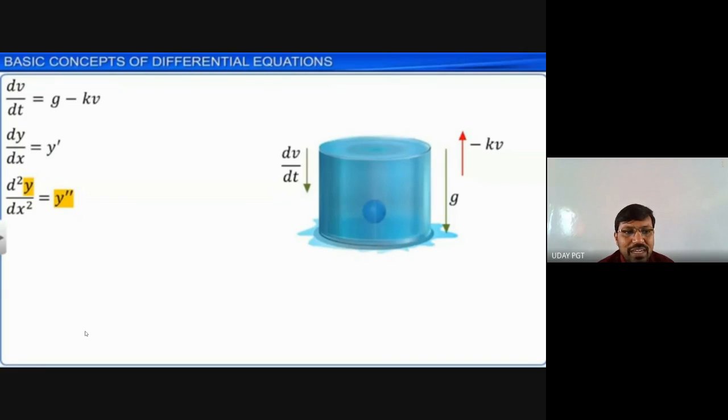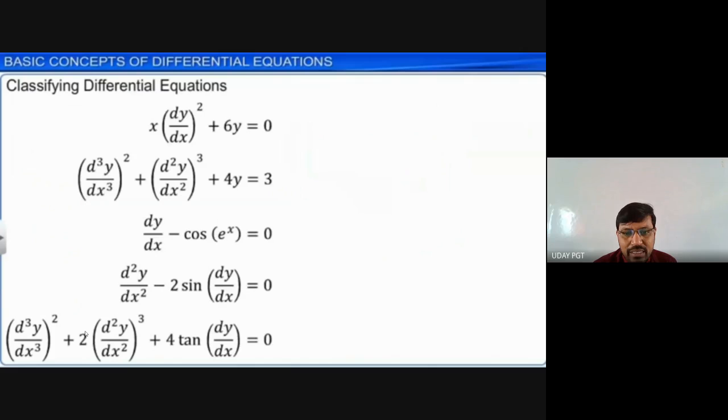Usually we denote dy by dx by y dash, the double derivative by y double dash, the triple derivative by y triple dash, and the n times derivative of y with respect to x by y suffix n. Y suffix n means n is shown as a subscript.